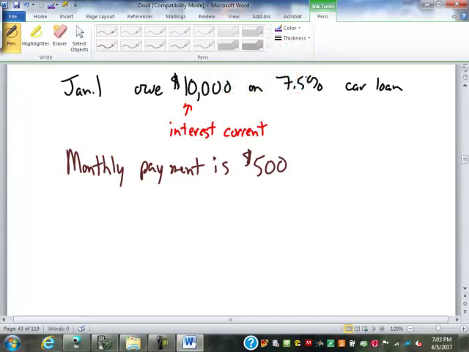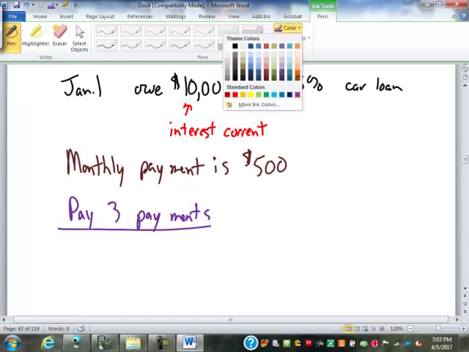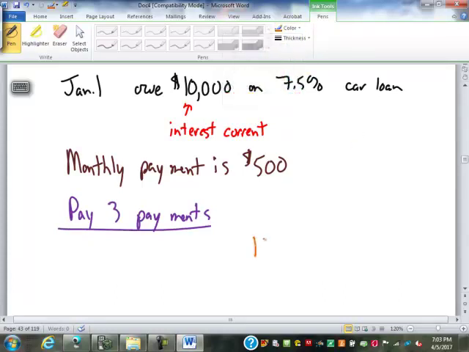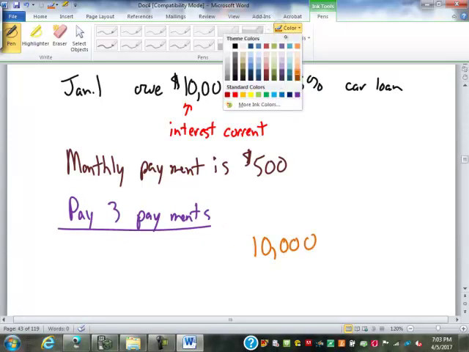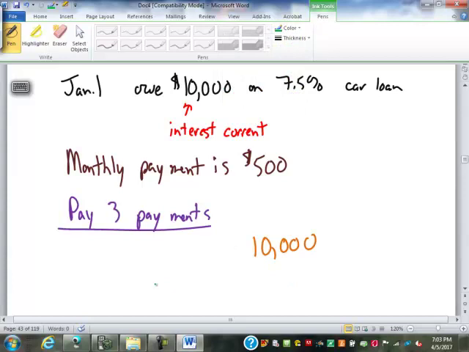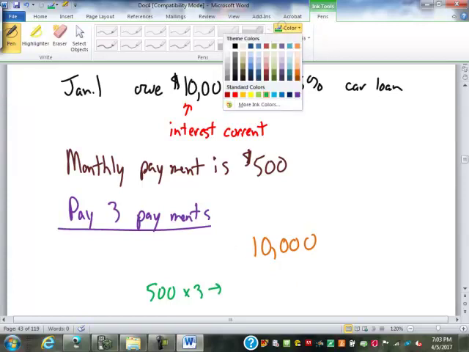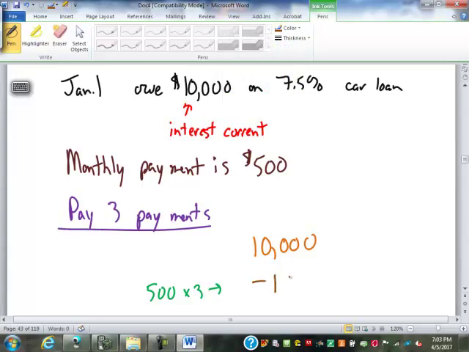On January 1st, you have the extra money, so you are going to pay 3 payments. That means you took your $10,000 and subtract from that 500 times 3, which is 1,500.